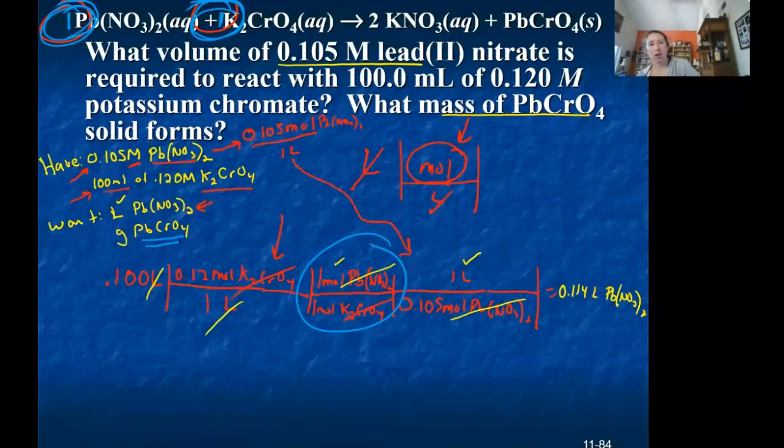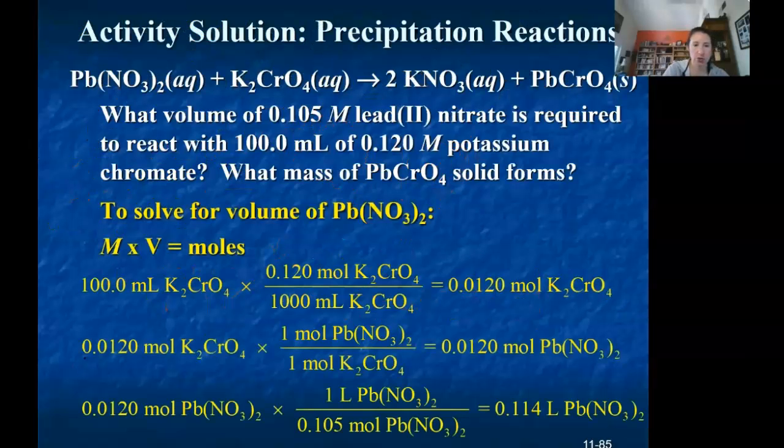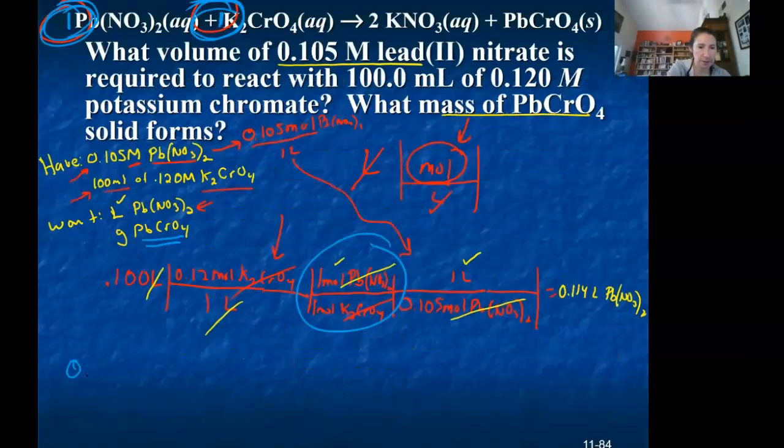So if we have our grams, we can start with, again, I say start with 100 milliliters. And the reason is because it's only 1 unit, right? So if we start with 100 milliliters, I'm just going to convert this straight to liters this time. And I'm not going to worry about my sig figs until the end.